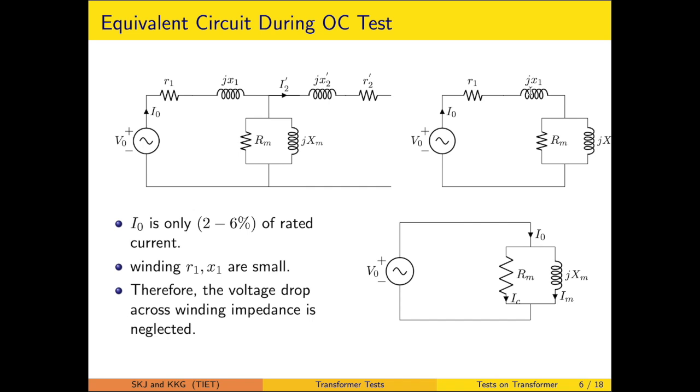So the voltage drop because of this no load current in the series winding components can be eliminated. That reduces this to a level like this. With the help of three measurements, the voltage V0, current I0 and the power P0, we will be able to calculate Rm and Xm.